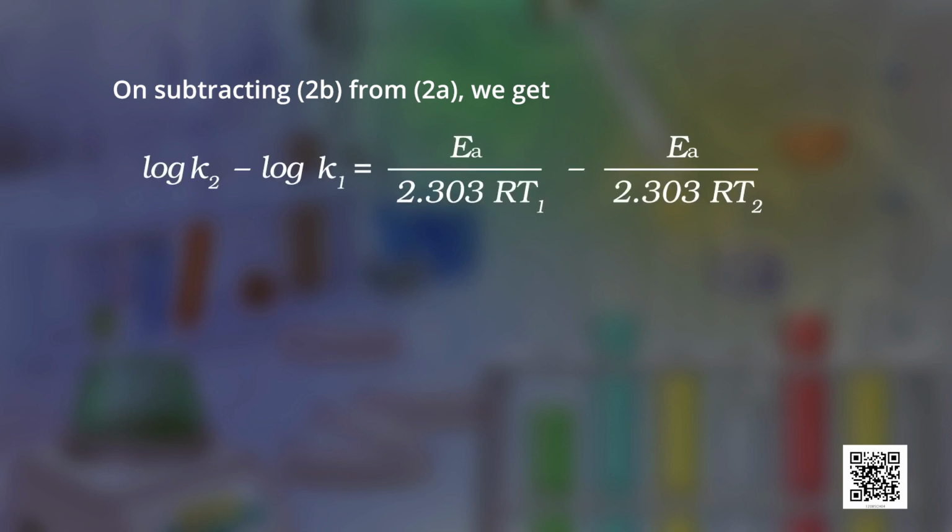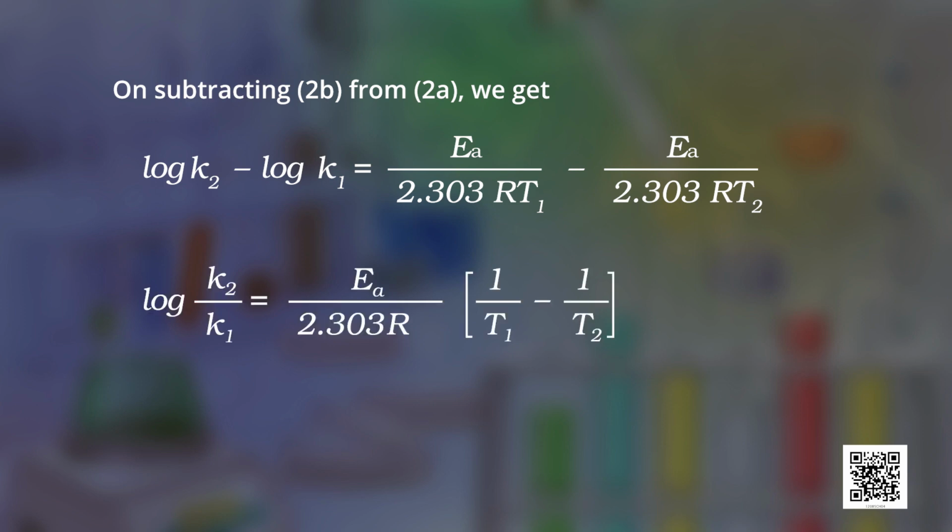On subtracting 2B from 2A, we get log K2 to the base 10 minus log K1 to the base 10 equals EA upon 2.303 multiplied by R multiplied by T1 minus EA upon 2.303 multiplied by R multiplied by T2, or log K2 upon K1 to the base 10 equals EA upon 2.303 multiplied by R multiplied by 1 upon T1 minus 1 upon T2.